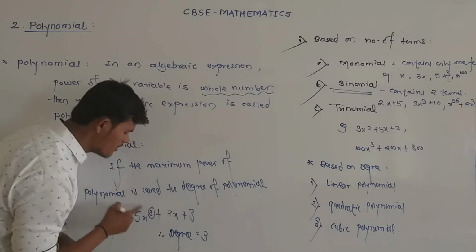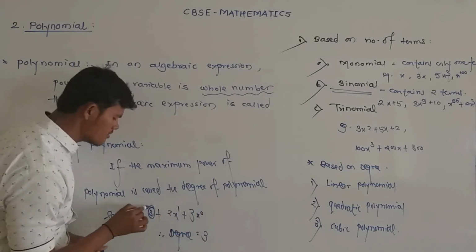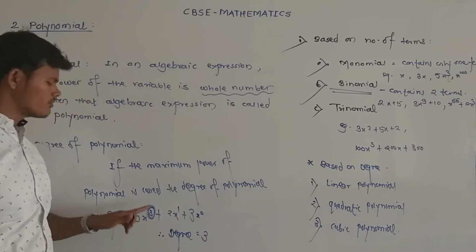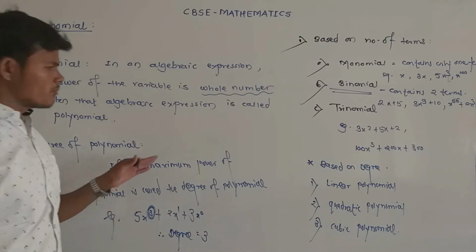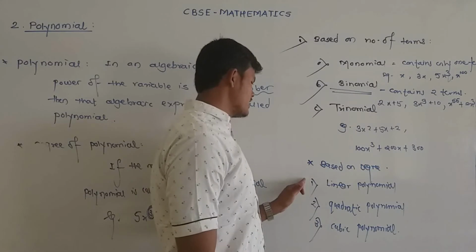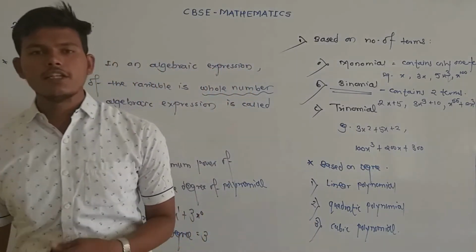The maximum power is 3. Here power is 1 and here power is 0. So maximum power or the maximum index is nothing but 3. So the degree of the given polynomial is 3. So based on degree there are three types: linear polynomial, quadratic polynomial and the cubic polynomial. So what is linear polynomial?